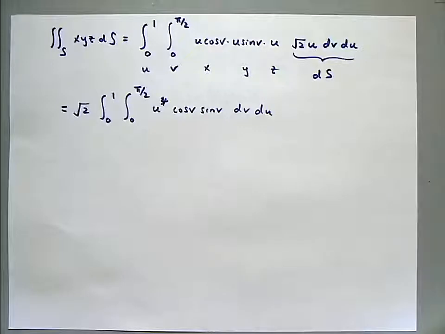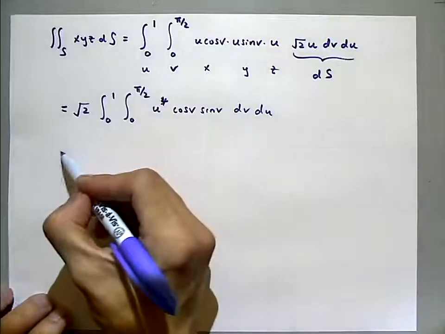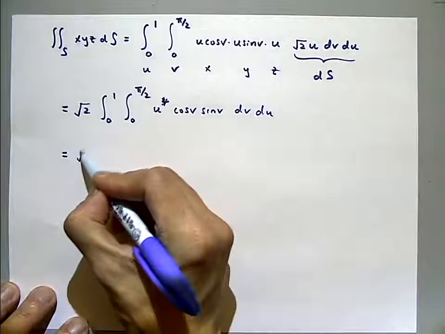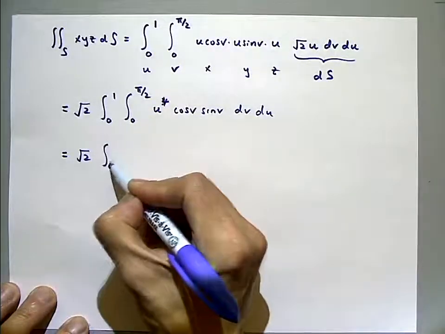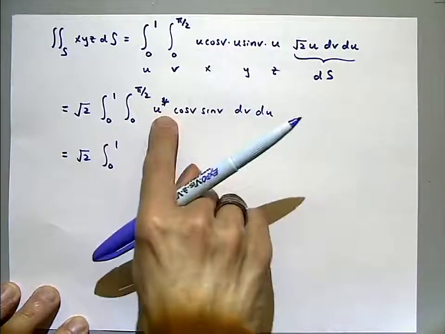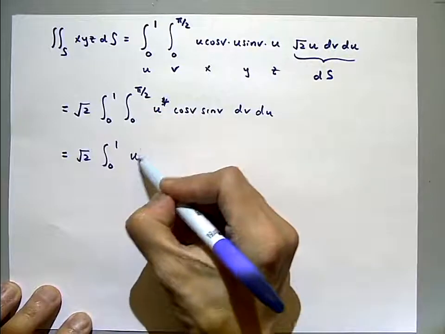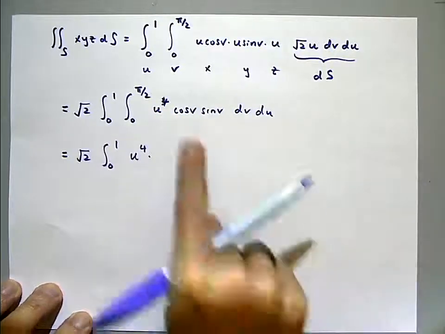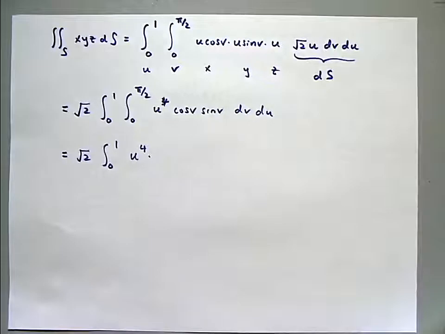Okay? First round of integration is with respect to v. So that u to the fourth doesn't really do anything, it stays put. How do you integrate sine v cosine v? Substitution, right.